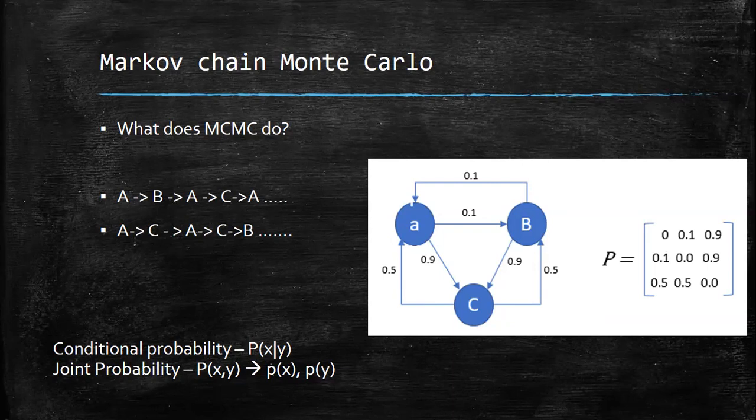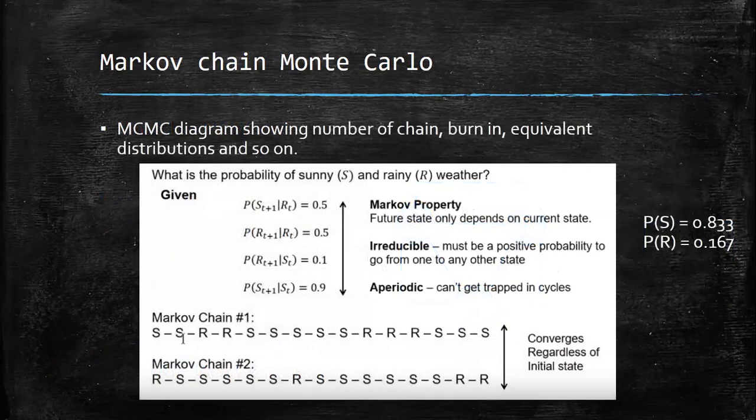So that's essentially MCMC, and let's look at a practical example of what MCMC does. Let's say these are the given conditional probabilities, and we are trying to predict the probability of it being sunny or rainy.